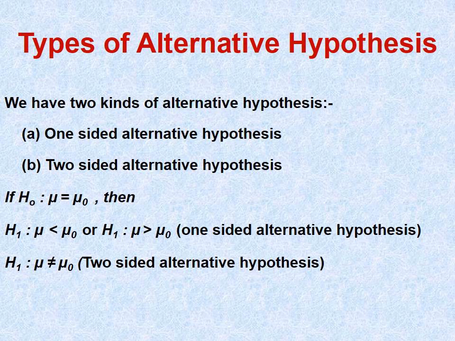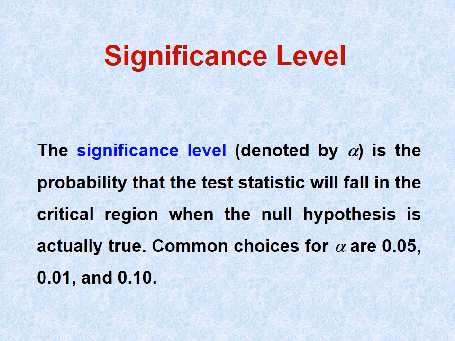Types of alternative hypothesis can be put in one of two forms: one-sided alternative hypothesis and two-sided alternative hypothesis. So if mu is equal to mu naught, then the one-sided alternative can be mu less than mu naught or mu greater than mu naught. For the two-sided alternative hypothesis, it will be mu not equal to mu naught.